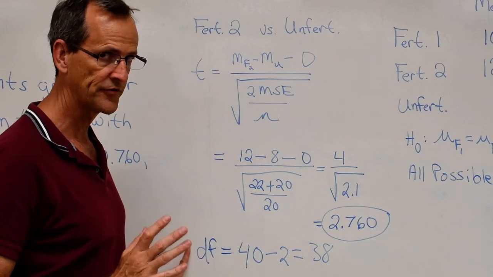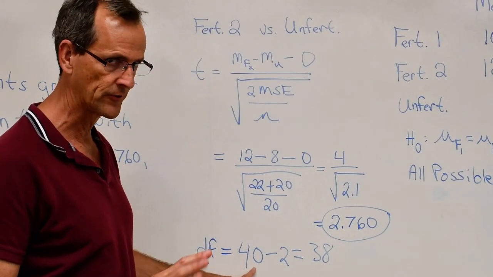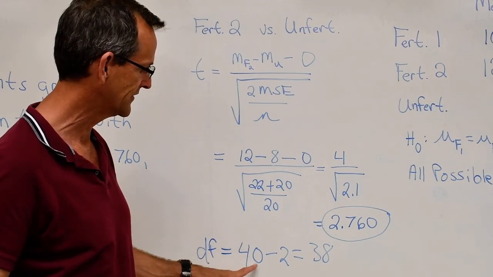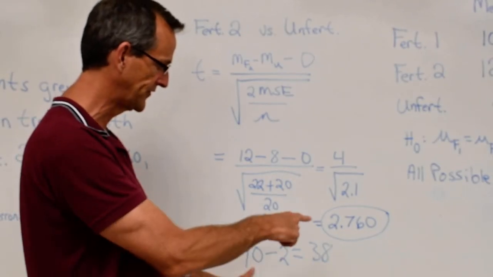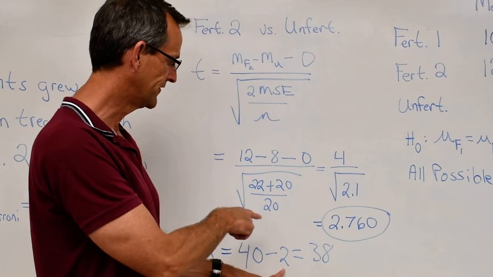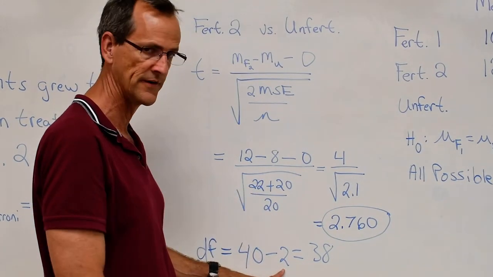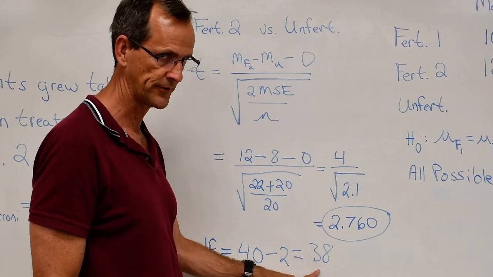Again, just like with the independent groups test, notice we only look at the 2 groups for each calculation. So we had 40 plants involved in the calculation of this t-statistic, minus 2 degrees of freedom for the 2 variances we're using, and that gives us 38 degrees of freedom.